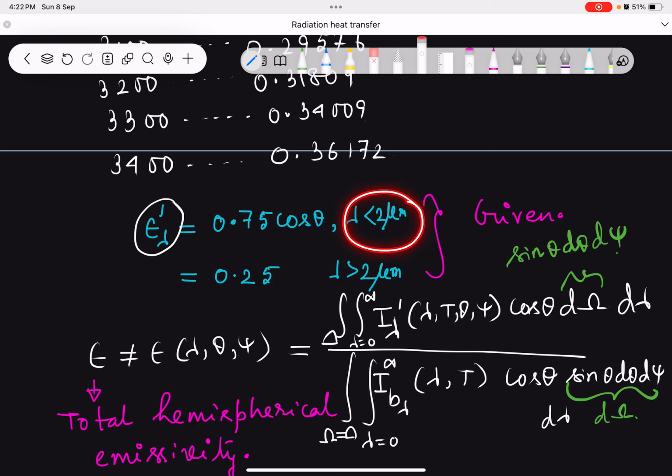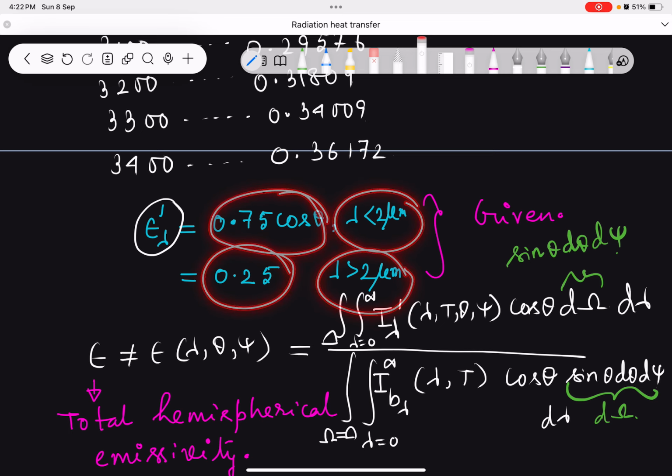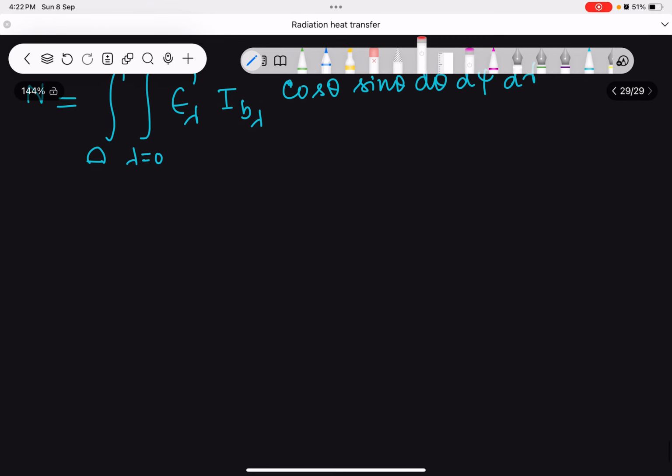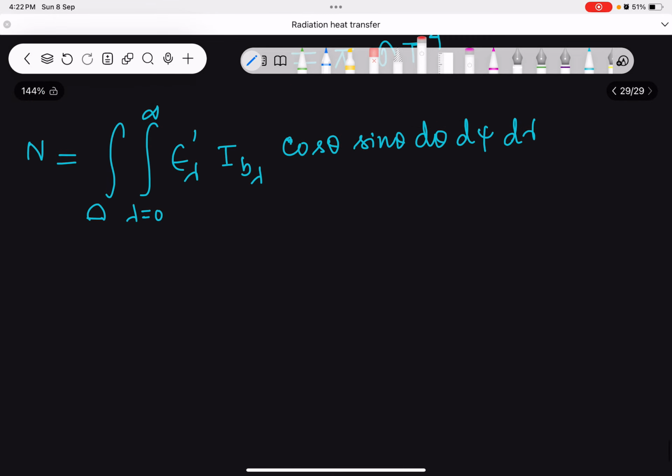I know these two ranges of lambda, and in these two ranges I know explicitly my expressions of epsilon lambda dash. So I will break this range from lambda 0 to infinity into 0 to 2, then 2 to infinity.